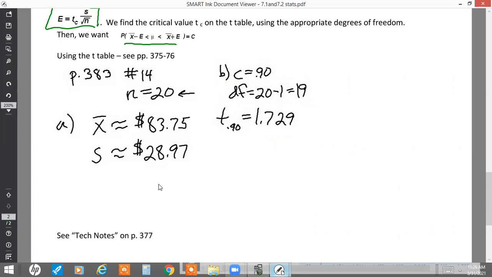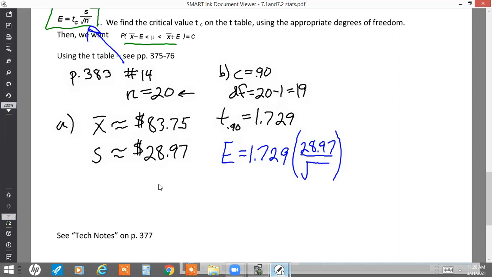Now we're going to calculate the error. I'm using this formula right up here in the upper left corner. The error is your T sub C value, the T sub 0.90, which is 1.729, times S, which is 28.97, divided by the square root of n, which is the square root of 20.